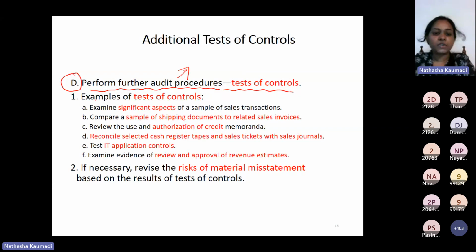So what are the test of controls? Examples for test of controls. Examine significant aspects of a sample of sales transactions. This is just a summary, Lamai.